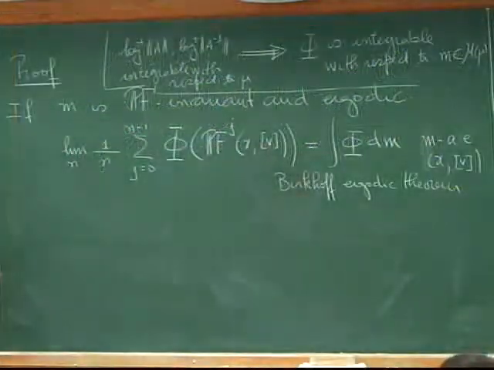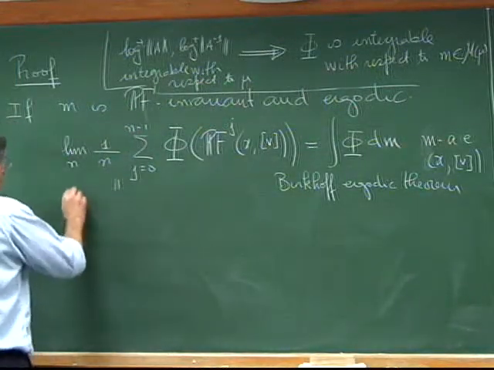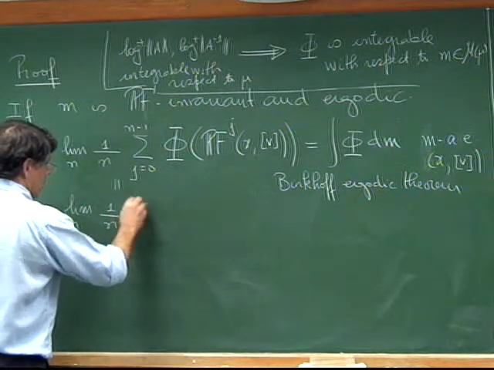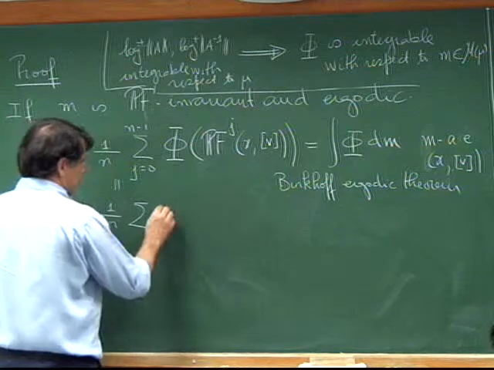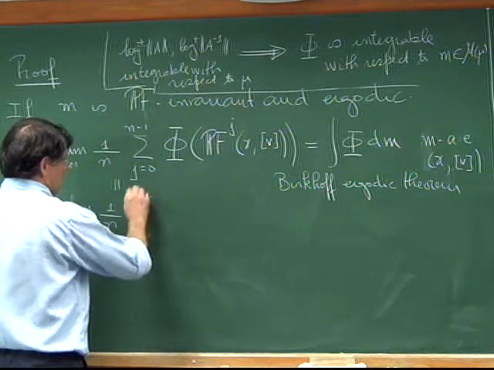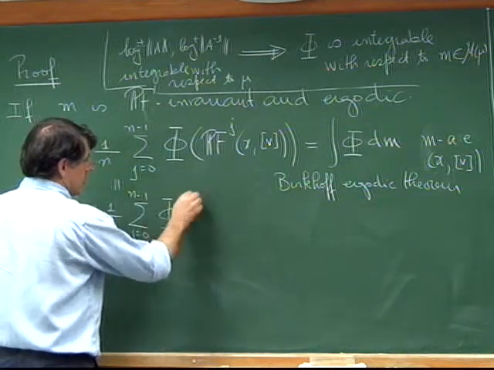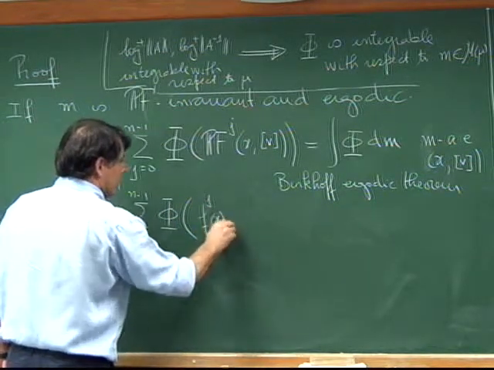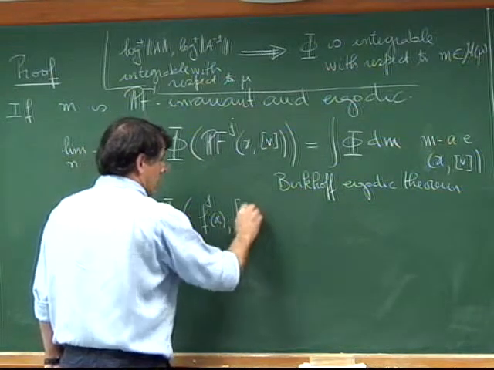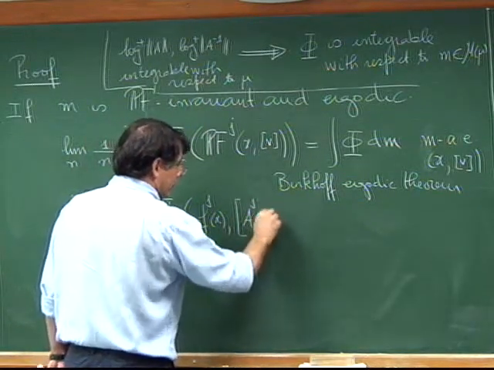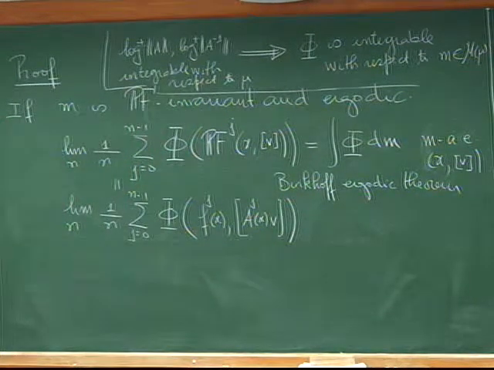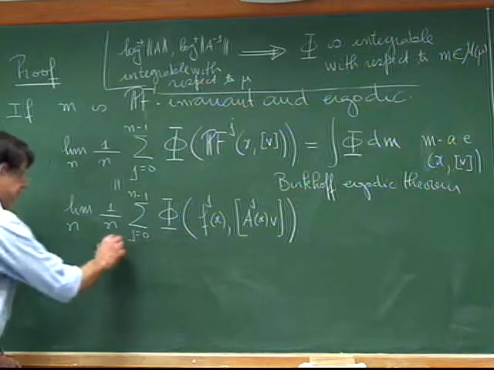So what is this? The left-hand side here. Limit 1 over n sum of phi calculated at f^j x and then A^j x of v. Now phi is given by this expression.